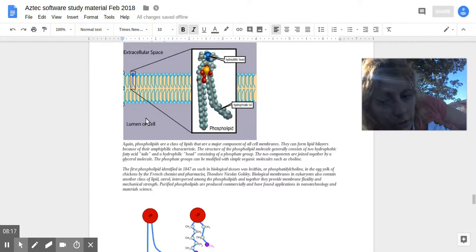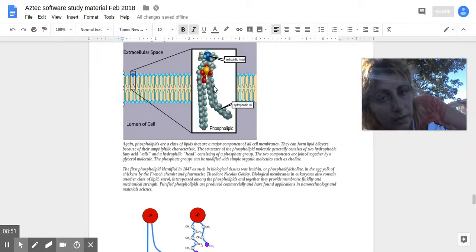So there are two hydrophobic fatty acid tails, one being straight, saturated with no kinks, all single carbon hydrogen bonds, and the second tail is an unsaturated chain which has a kink, meaning there's one double bond between two of the carbon hydrogen groups, creating the kink.